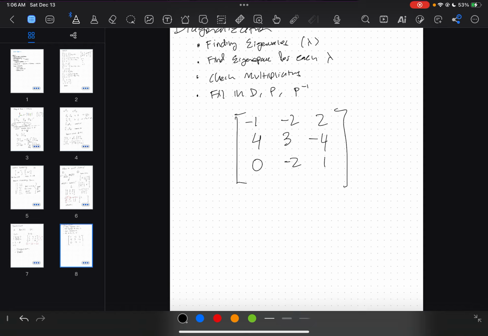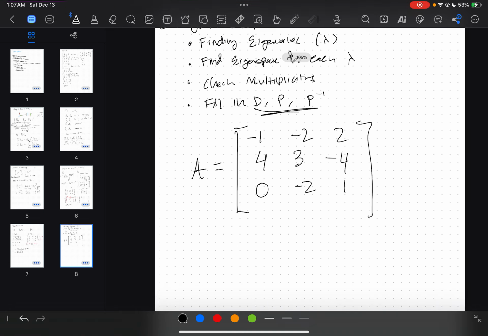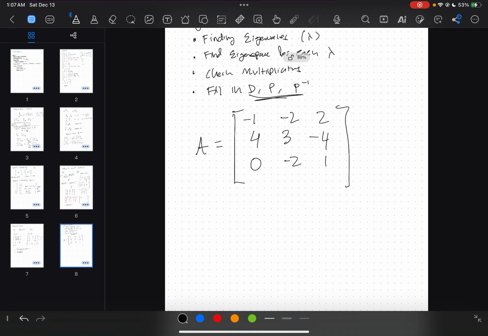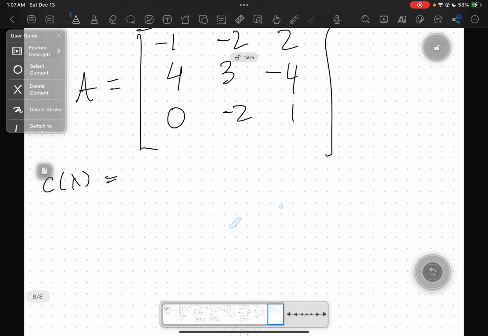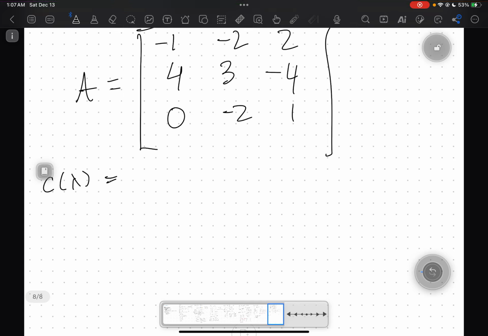What we want to do is, when we see this and we're asked to find these things, start off by writing P or C, whichever one you want. This is the characteristic polynomial. Equals, oops, what happened here? I pressed the user guide by accident.